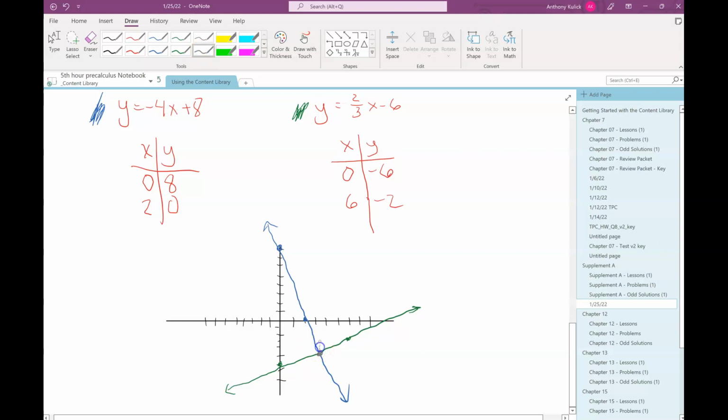So this is my solution, which appears to be x equals 3 and y equals -4.